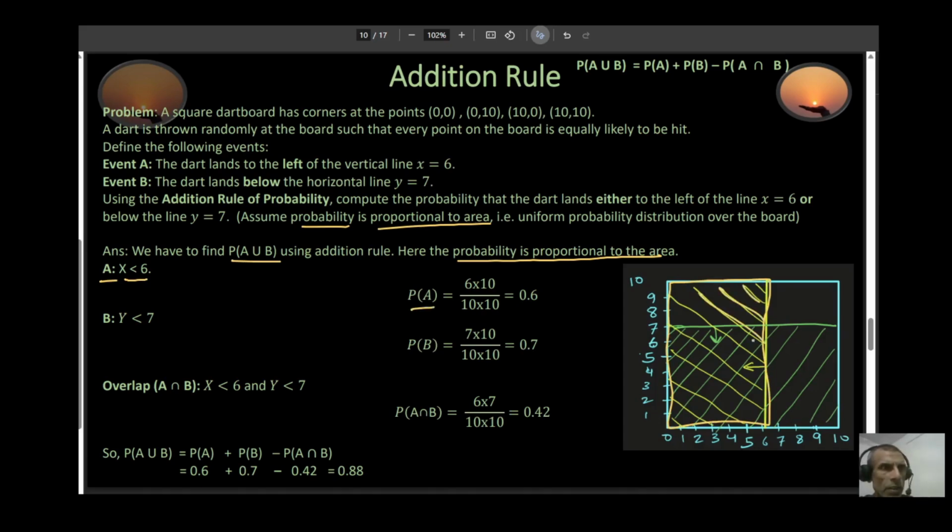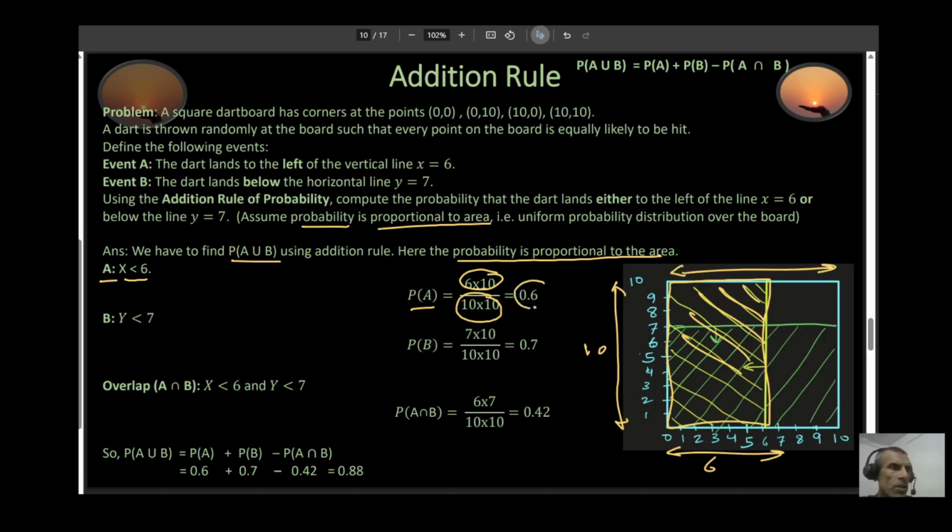The width is 6 and the length from here to here is 10. So 6 times 10 is the area for event A, divided by the area of the sample space, which is 10 by 10, and the answer comes out to be 0.6.